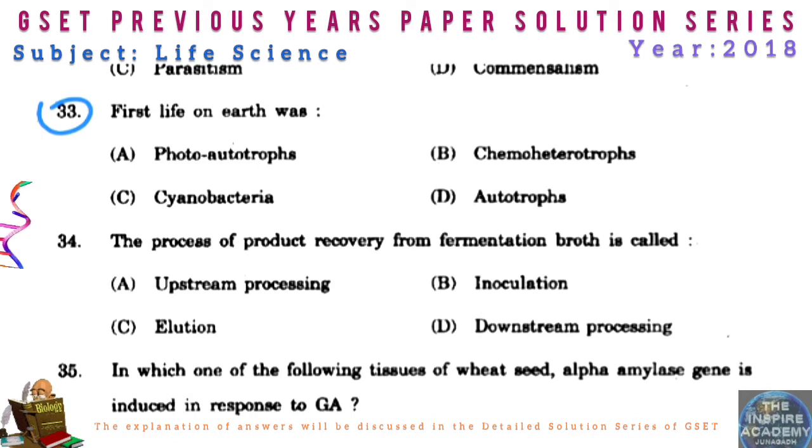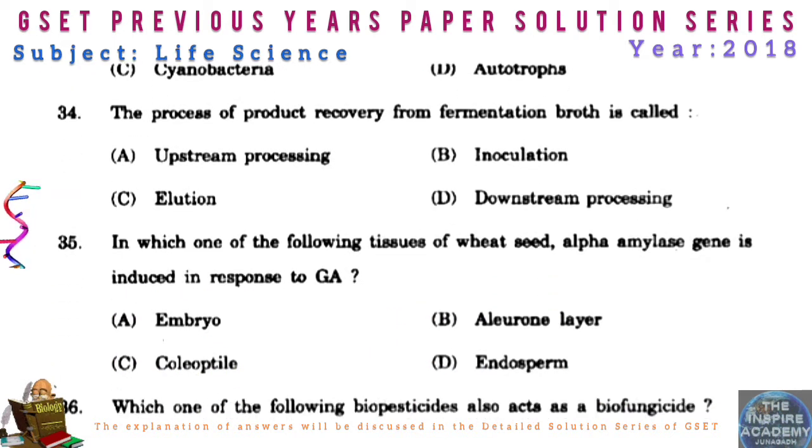First life on earth was chemoheterotrophs. Question number 34. The process of product recovery from fermentation broth is called downstream processing.